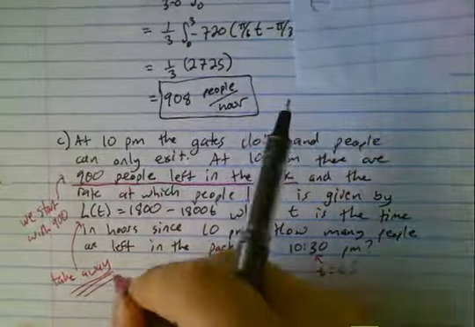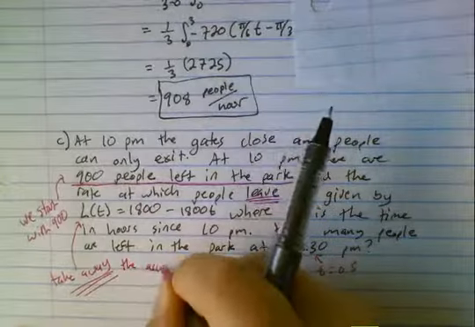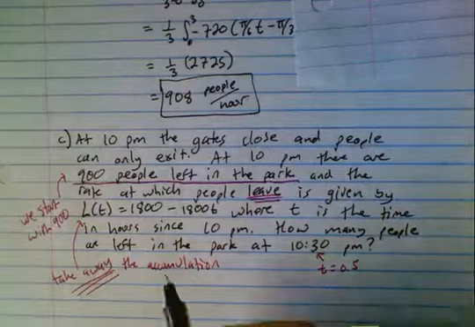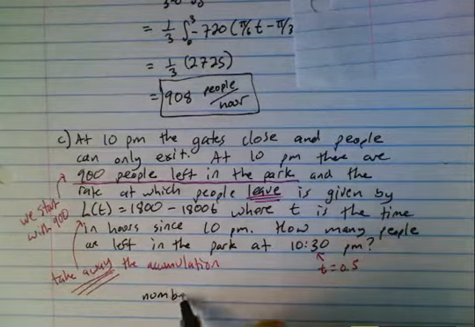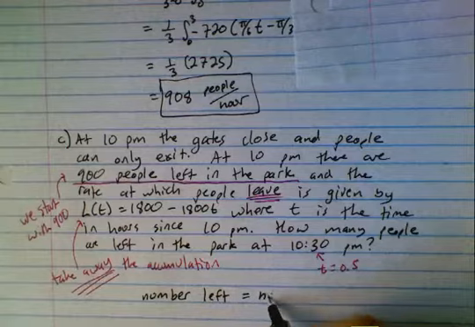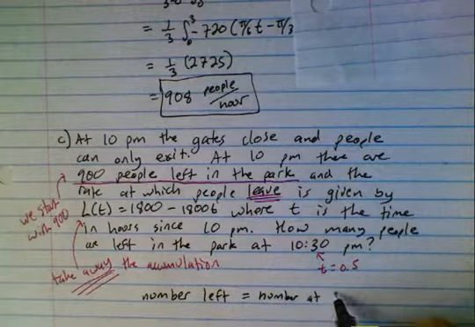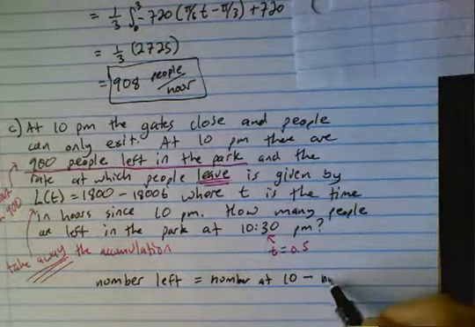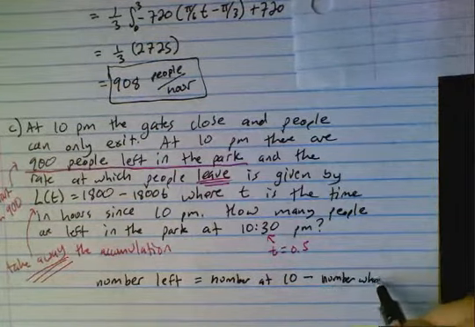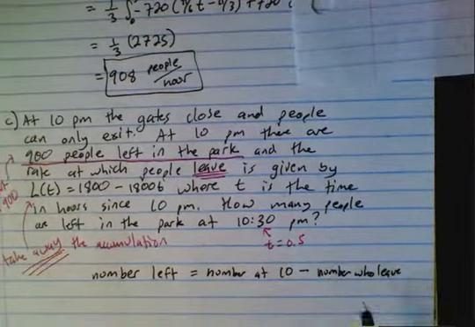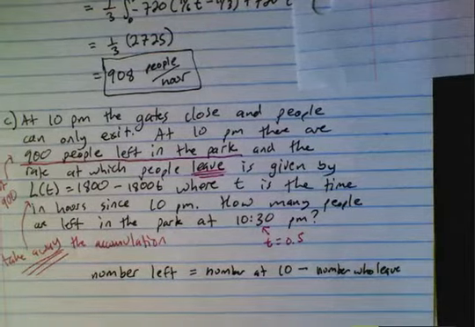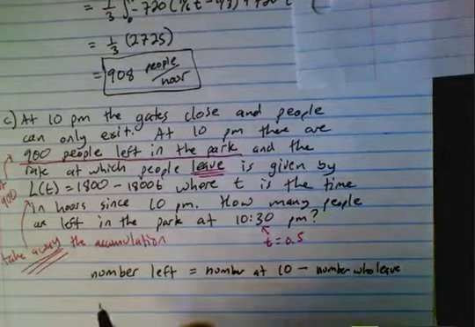We are taking away the accumulation. So this means that the number left is the number at 10 p.m. minus the number who leave. So this is the only accumulation part. You have to really, really watch out for these problems if there's some sort of initial condition, basically.